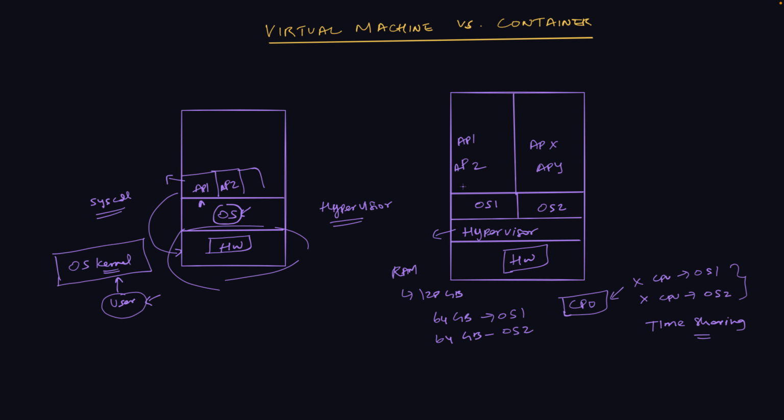Okay, so if you imagine that this is Windows and this is Linux, then these two operating systems can share this particular hardware, in the sense that they'll have their own set of memory, and for CPU they'll do time sharing, and this will be facilitated by this hypervisor. So this hypervisor is a very thin layer of program which sits between hardware and the operating system to facilitate the hardware sharing. Okay, so this is what a virtual machine is.